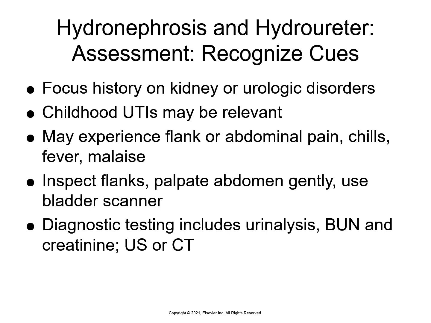So ask about their usual pattern of urination, the amount, frequency, color, clarity, and odor, and ask them about recent flank or abdominal pain. Chills and fever and malaise may indicate that they have a UTI. So you want to question them quite well about that.